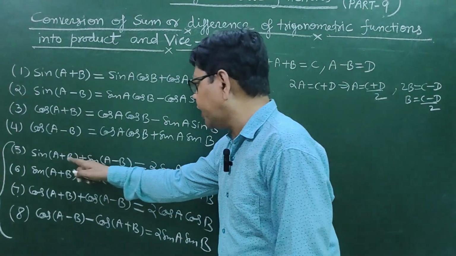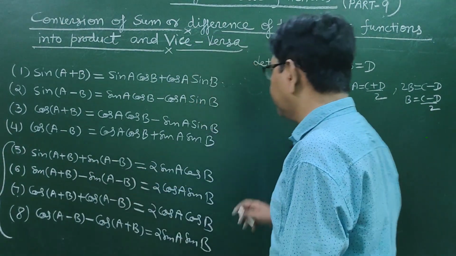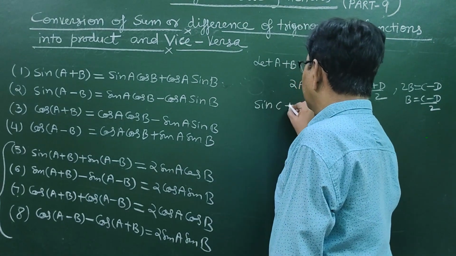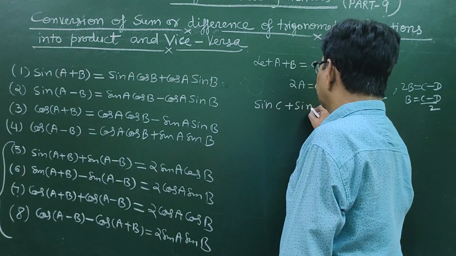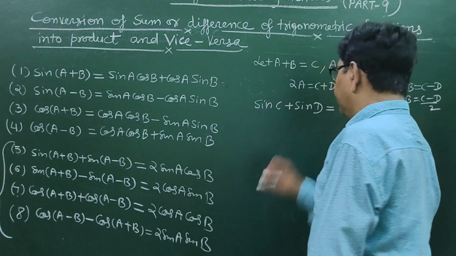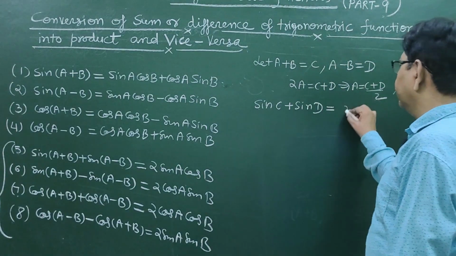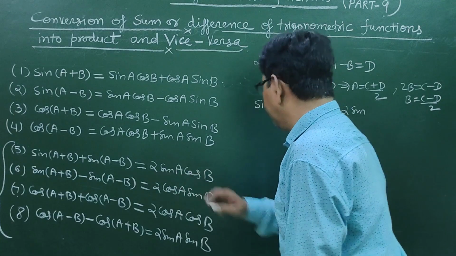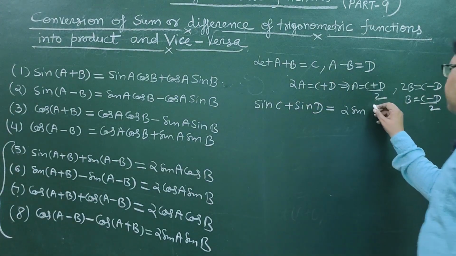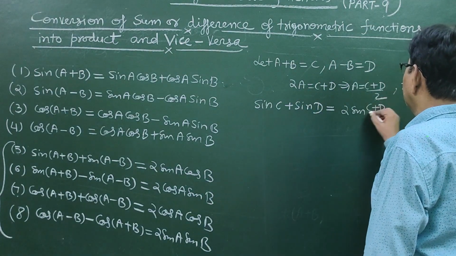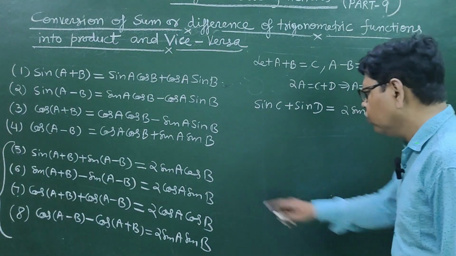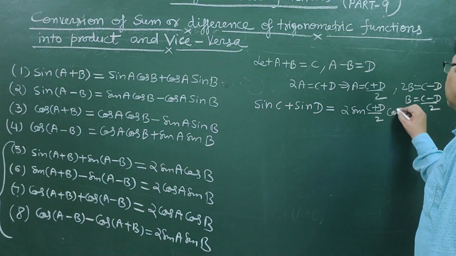Now the left hand side of this fifth equation becomes sin c plus sin d is equal to 2 sin, a is equal to c plus d upon 2 and b is equal to c minus d upon 2. So cos c minus d upon 2.